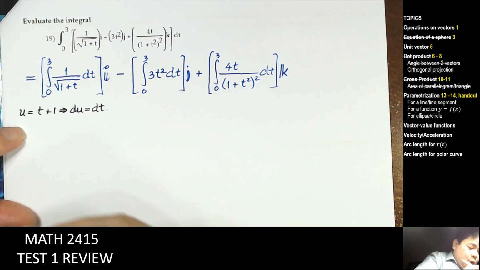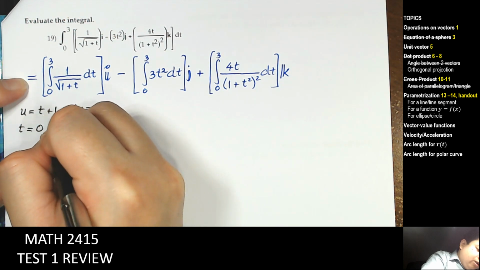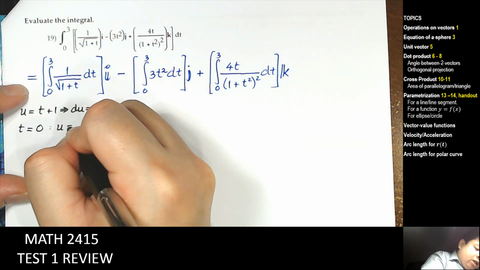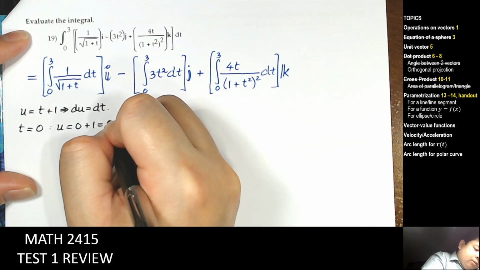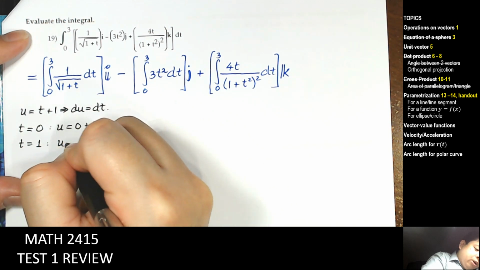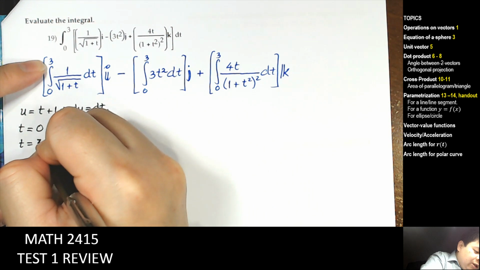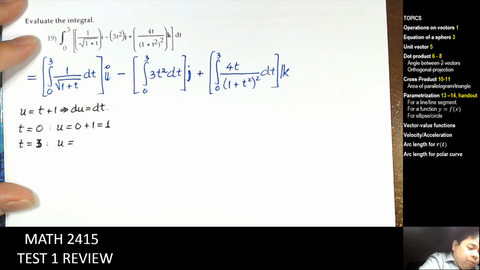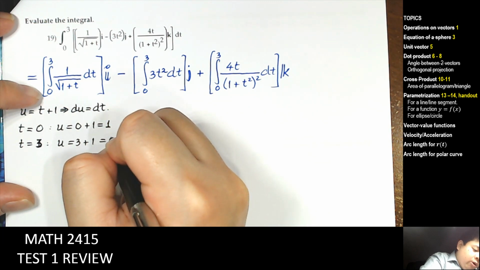And also the substitution where t equals 0, u is t plus 1, which is 1. Where t equals 3, u is 3 plus 1, which is 4.